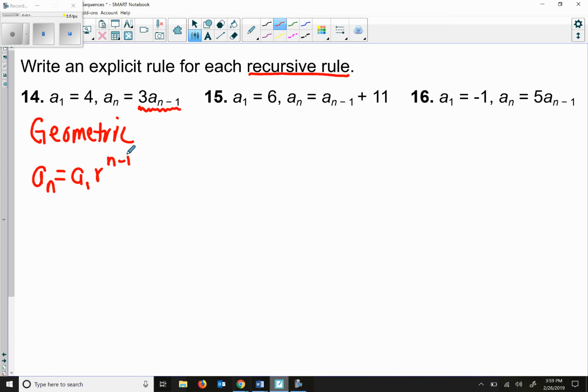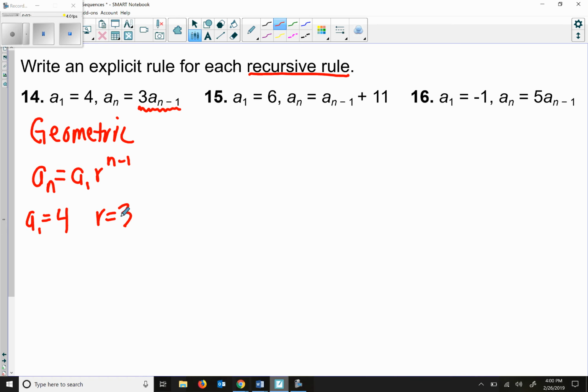And now for the most part, we have everything that we need, right? We have a sub 1. That's what we're told in this recursive rule. We're told our first term, and that's 4. And then looking at the a sub n part of the recursive rule, we can figure out what that common ratio is. And again, we know that it's a ratio because it's geometric. That common ratio is 3, because we're taking that 3 and multiplying it by the previous term to come up with the next term.